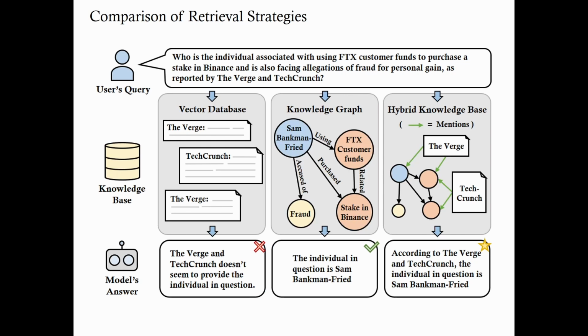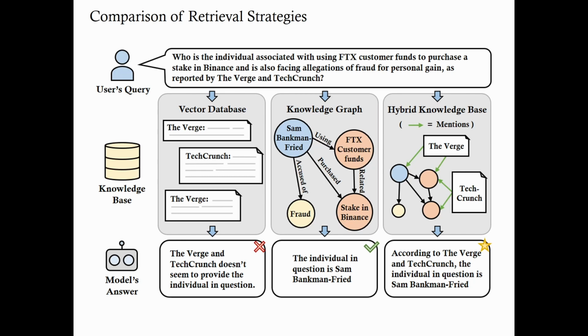For example, you can see that a vector database, which is characteristic of naive RAG, might get semantically similar information but then provide an irrelevant answer, failing to produce a reasonable output. A knowledge graph does improve upon RAG, but the best answer here is marked with a yellow star, where we use the hybrid knowledge base, connecting both the text chunks and utilizing the knowledge graph.